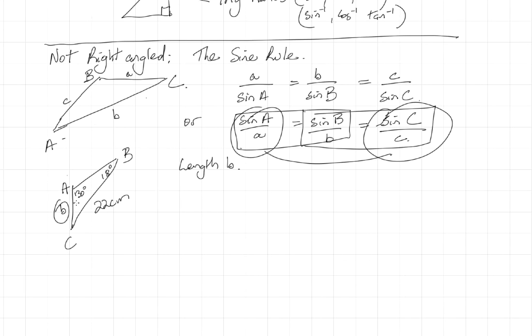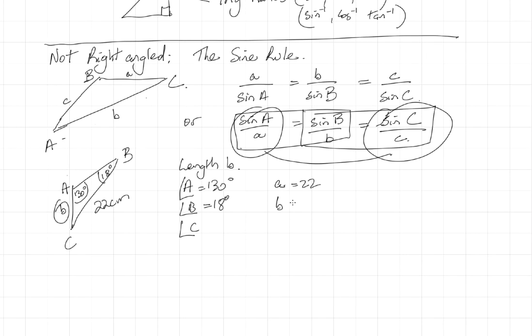Okay, what have we got here? Sometimes it's best to write the whole 6 things down so you know what you've got. So we've got angle A is 130, angle B is equal to 18, these are degrees, angle C we don't have. The length of side A is equal to 22.